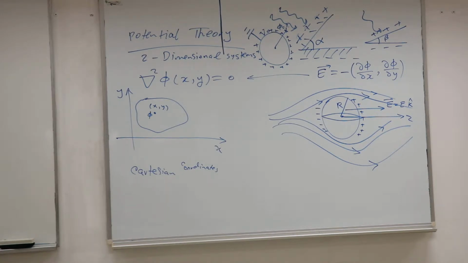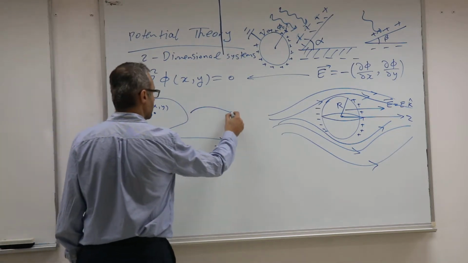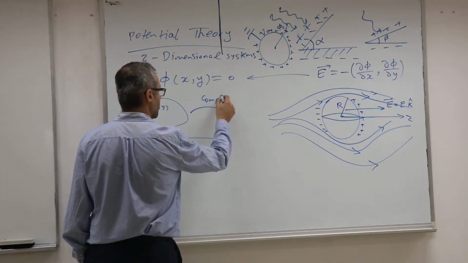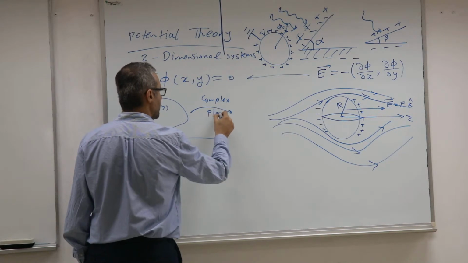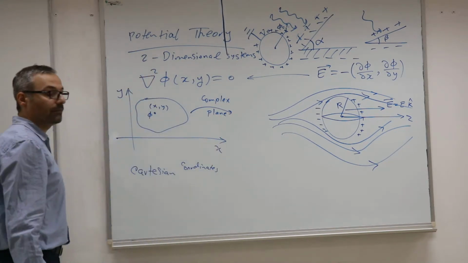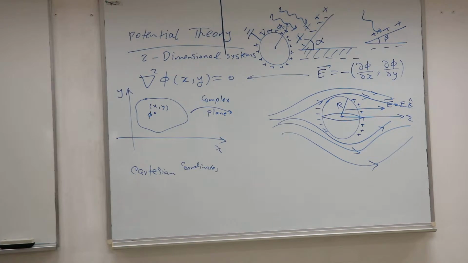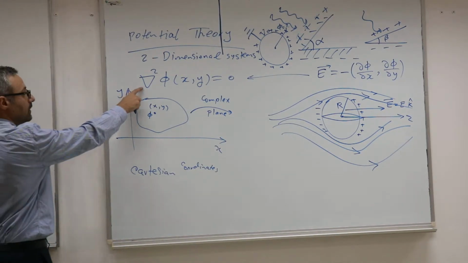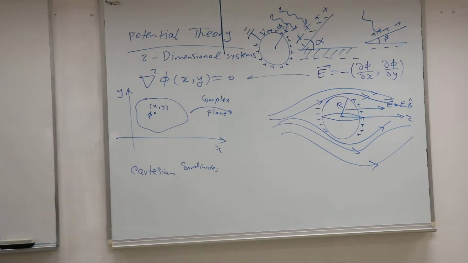The technique I use now is to pass to the complex plane and make this equation integrable. Integration of this equation is not easy because this is a second order partial derivative with respect to x.